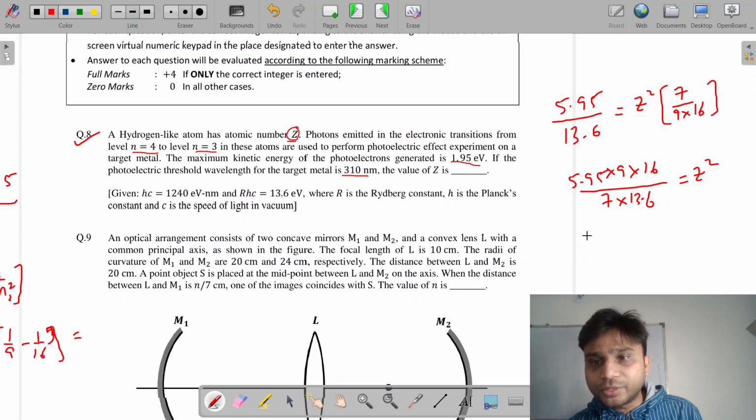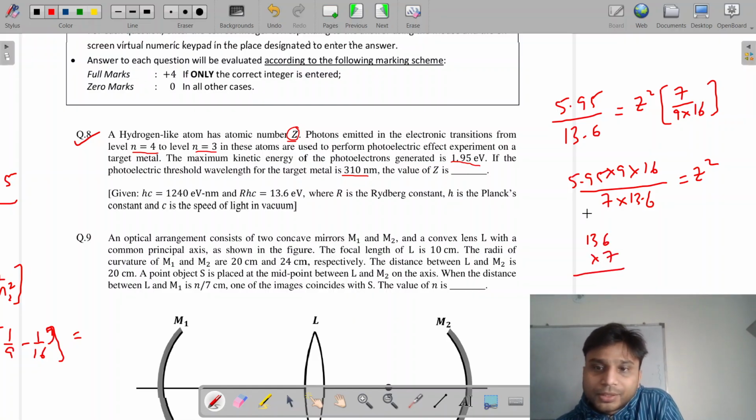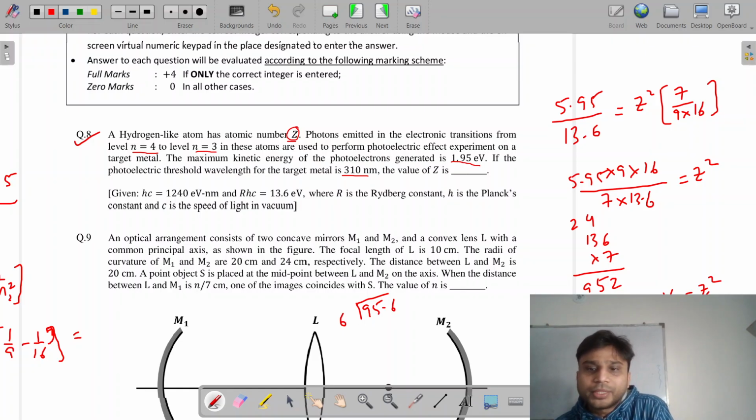Let's see what this value comes out to be. The numerator is 95.2, and then we have 5.95 in the numerator into 9 by 16 as Z square. So 95.2 divided by approximately 6, we can approximate 5.95 as 6 only.